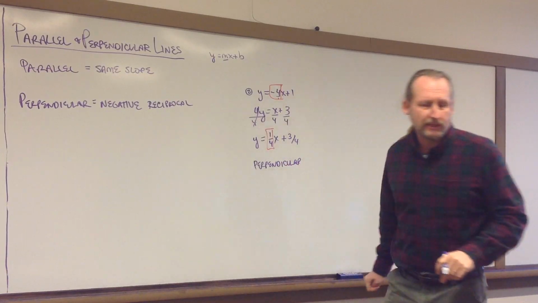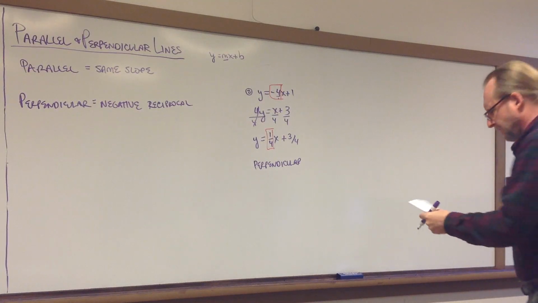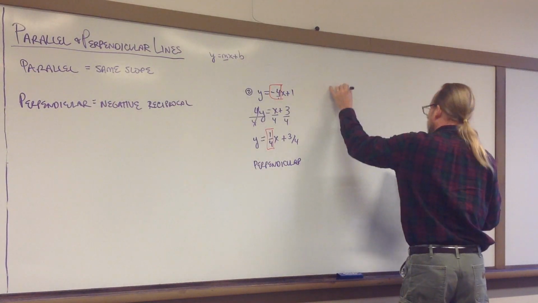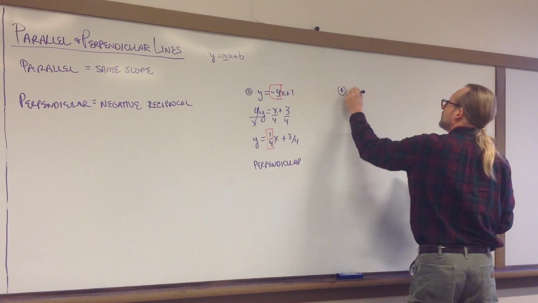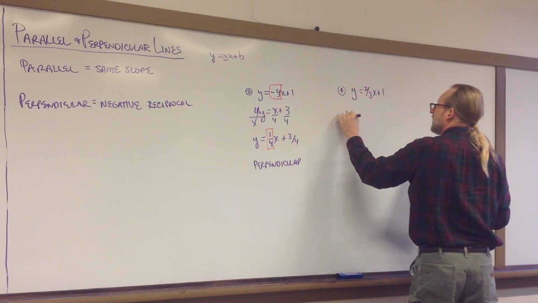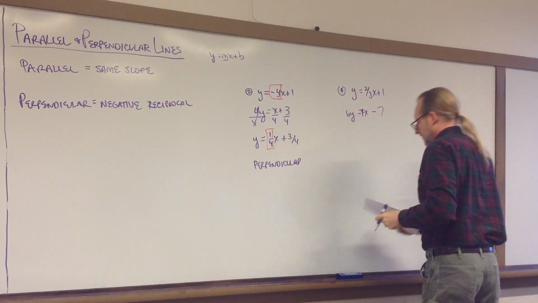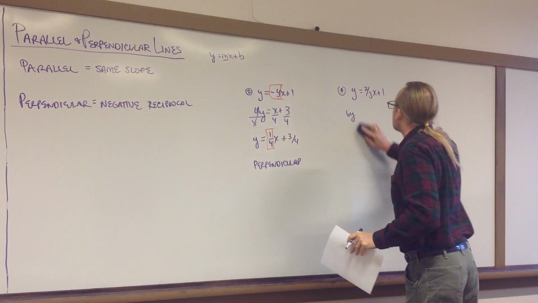Okay, let's see here. Problem 4. y equals 2/3 x plus 1, and 6y equals 4x minus 7.